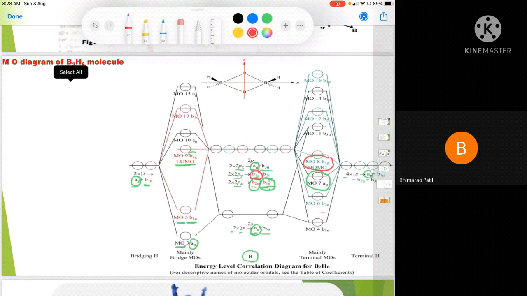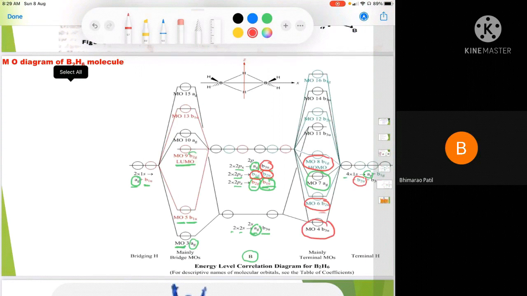Then here the B2u hybrid orbital of the terminal hydrogen is combined with B2u of the combined hybrid orbitals of the two boron atoms to form molecular orbital number 6, you see. And the last one, the B3u hybrid orbital of the terminal hydrogen atom is combined with B3u of the hybrid orbital of the boron to form molecular orbital number 4, that is B3u.